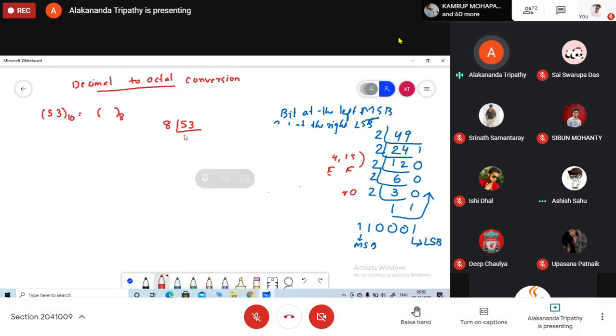What will be the quotient? 6. 8 sixes are 48, so the remainder will be 5. Can I divide it further?